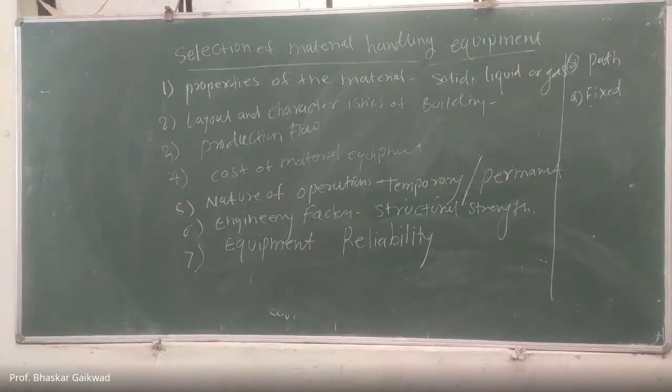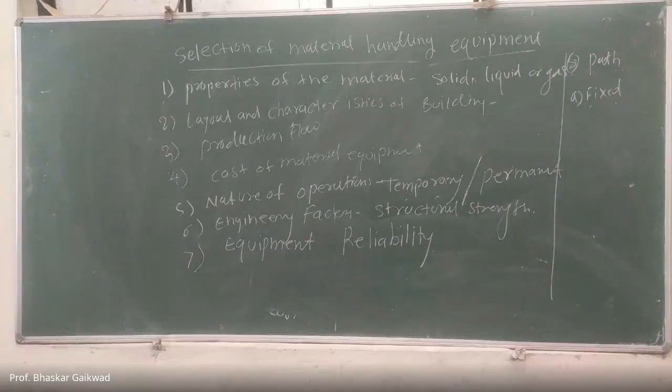So these 8 points you have to remember while selecting the material handling equipment. Very simple things are there. When you want to set up any material handling equipment in any industry, these 8 points you have to remember because a lot of cost in manufacturing is related to material handling. As far as possible you have to avoid manual material handling because the same load cannot be sustained by a particular man.